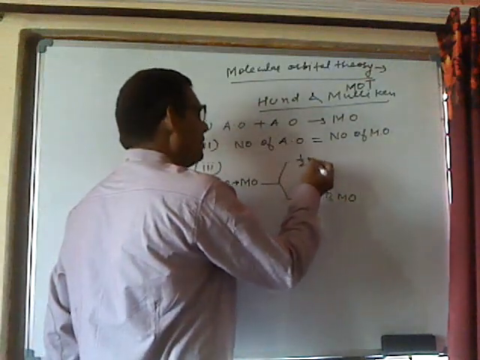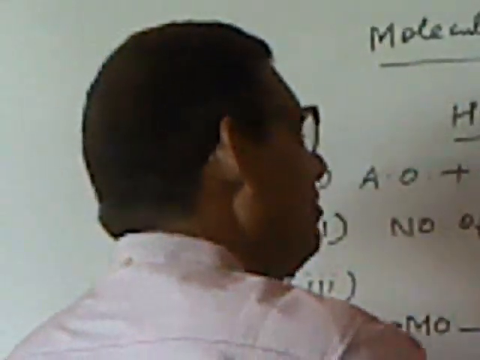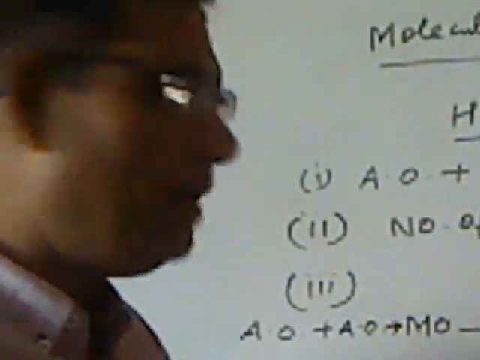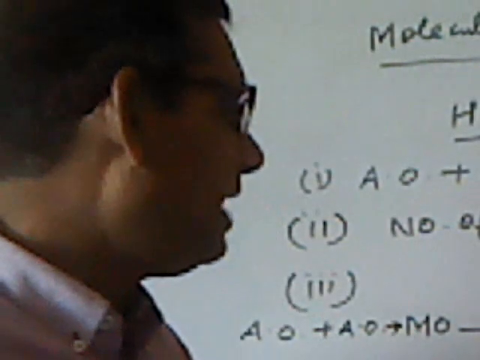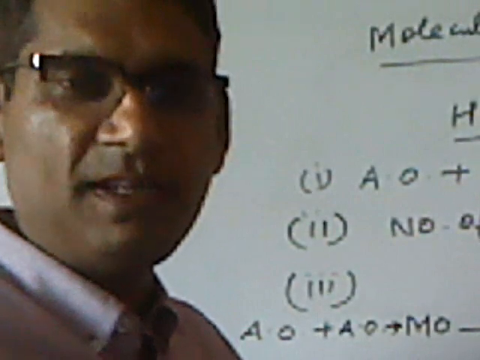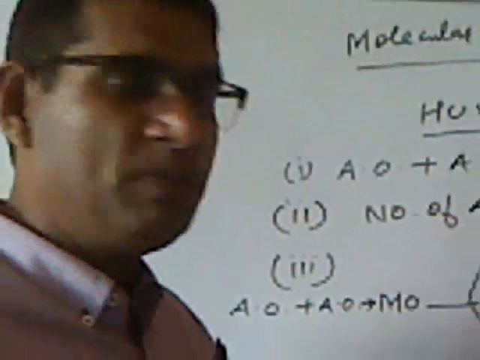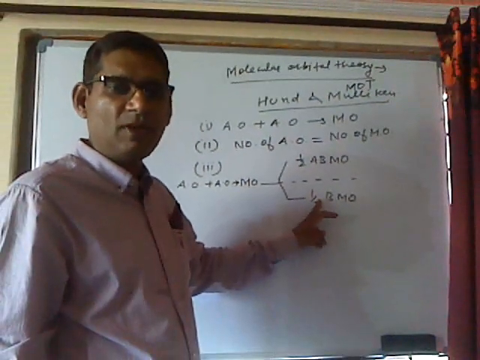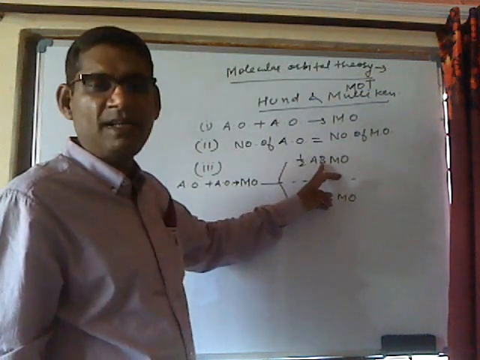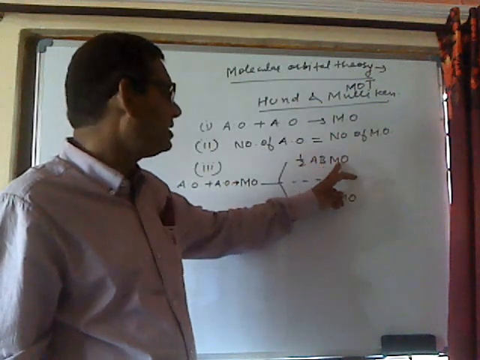The remaining half of the molecular orbitals will have energy greater than the atomic orbitals and will be known as antibonding molecular orbitals.